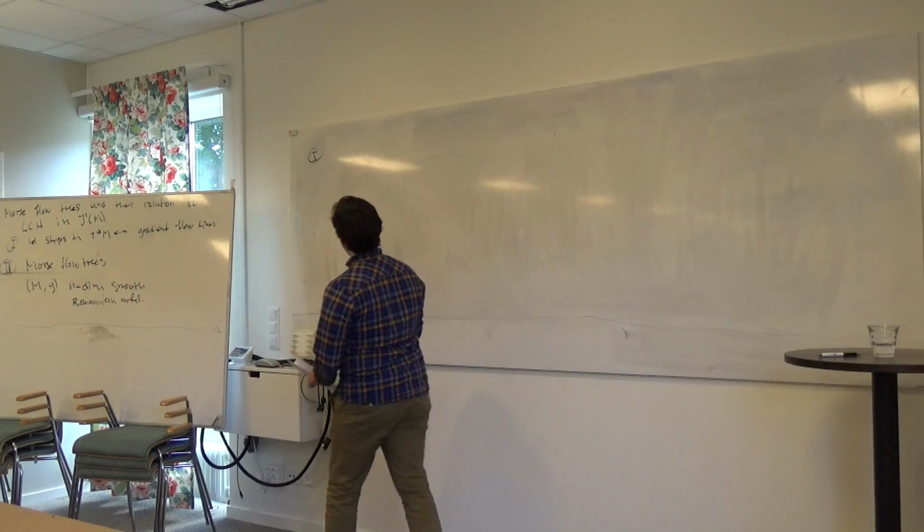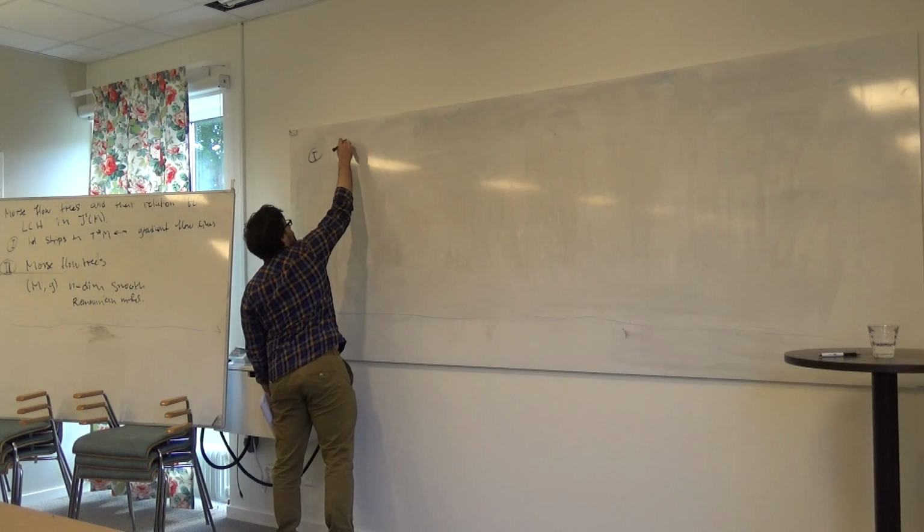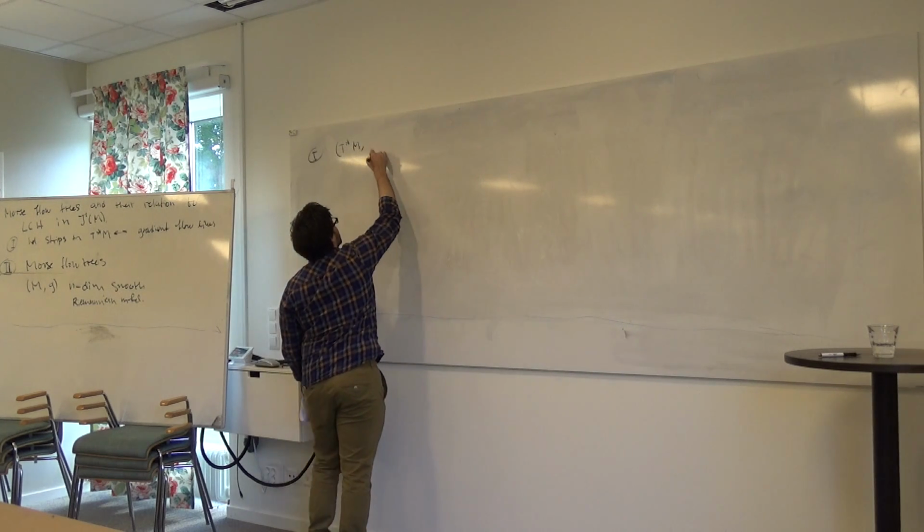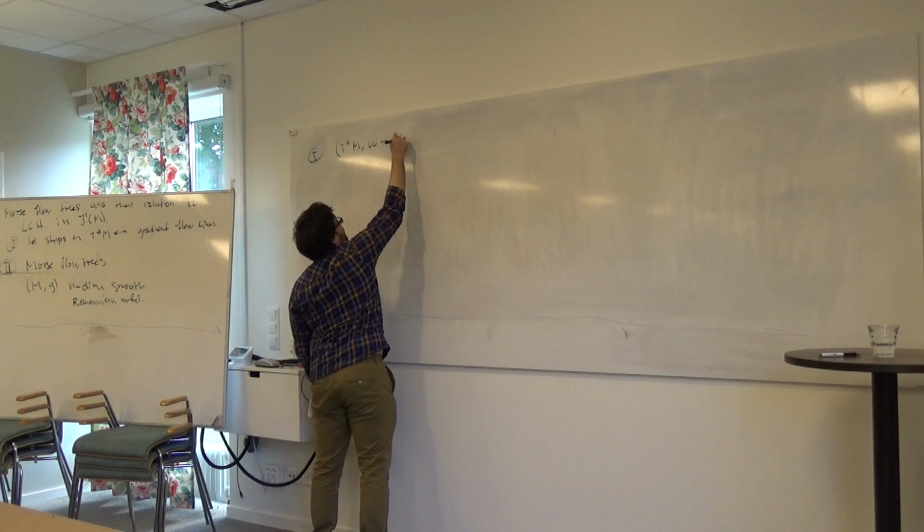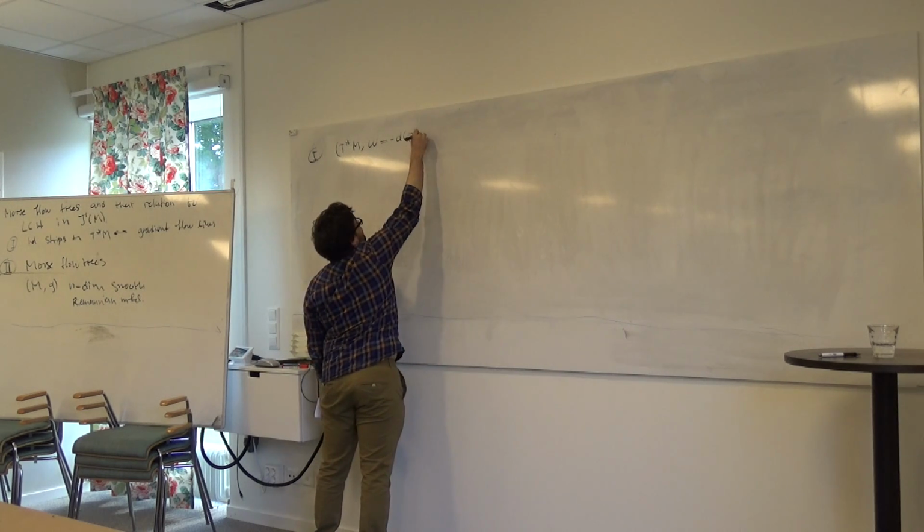So I'll consider the cotangent bundle of M with omega minus d e to q.